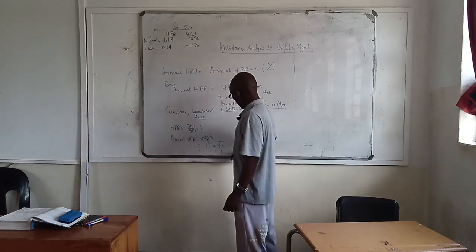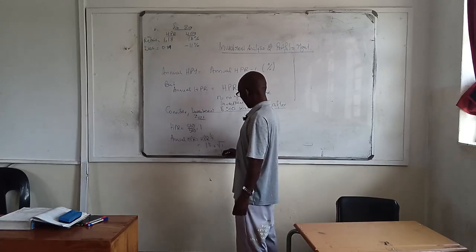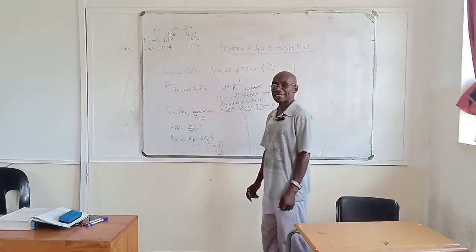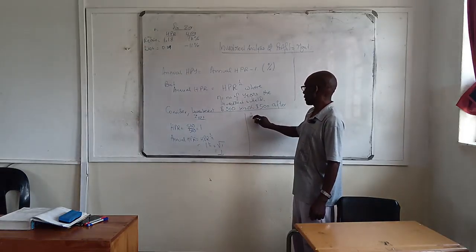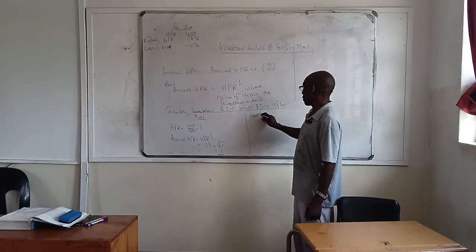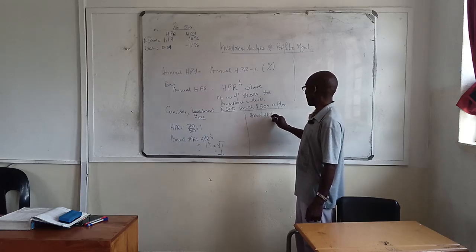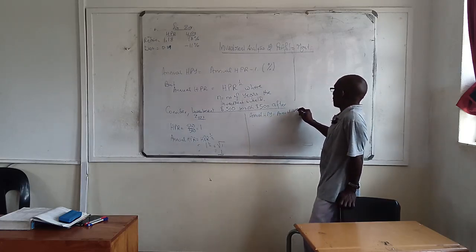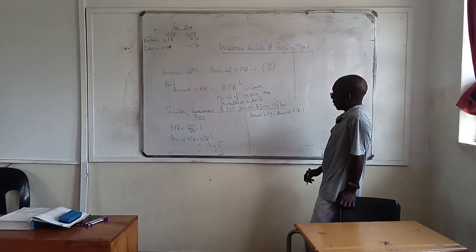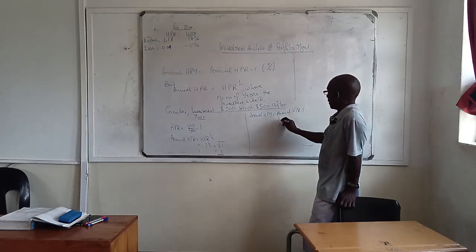Therefore, the moment you see that it is 1, it means that you invested and you got it as it is. But now, let's go to annual HPY. Annual HPY is equal to annual HPR minus 1. So this is 1 minus 1, and this gives you what? 0%.